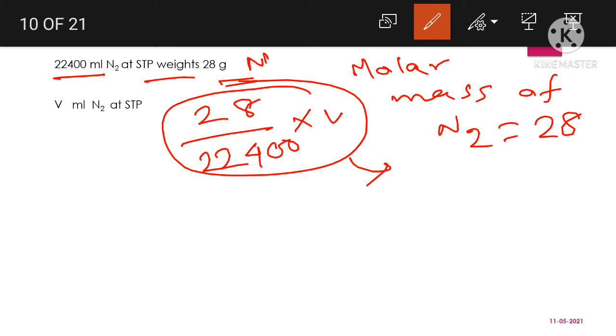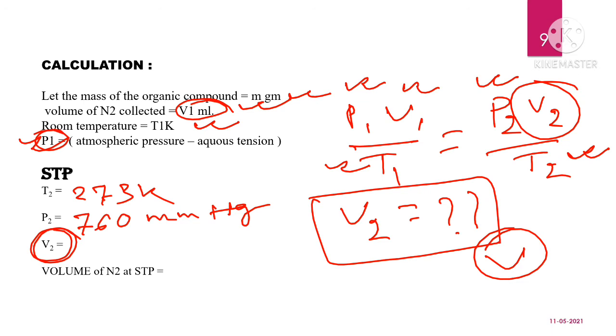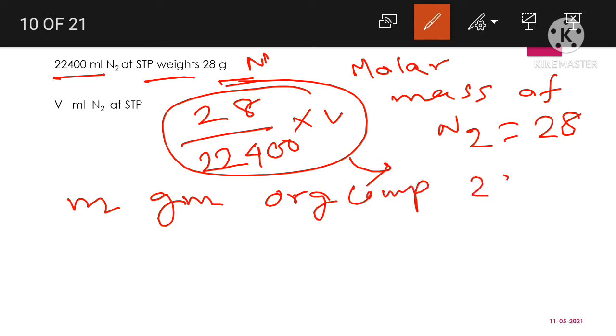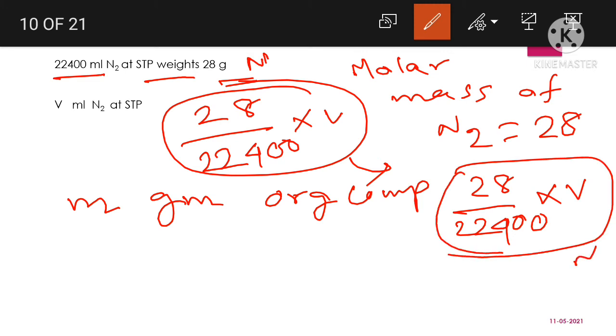Now we know the mass of our organic compound is m gram. The nitrogen whose volume we have calculated comes from the organic compound. So m gram of organic compound will give 28 by 22,400 into V gram of nitrogen.